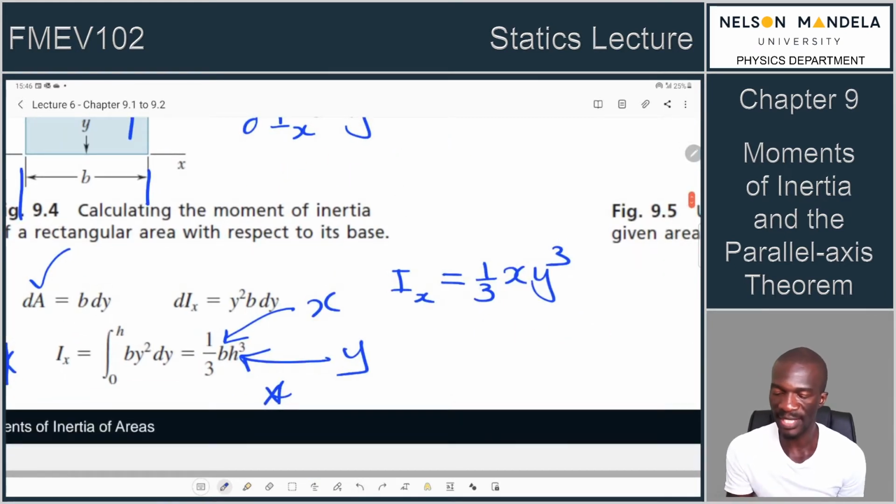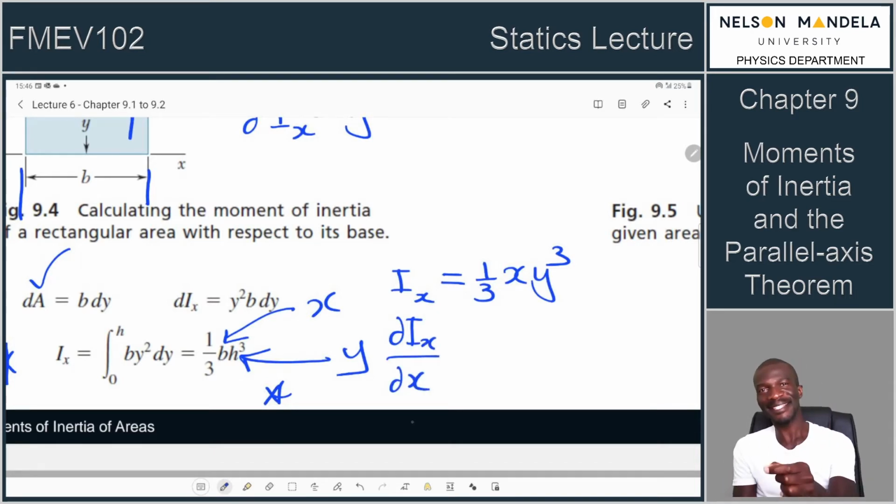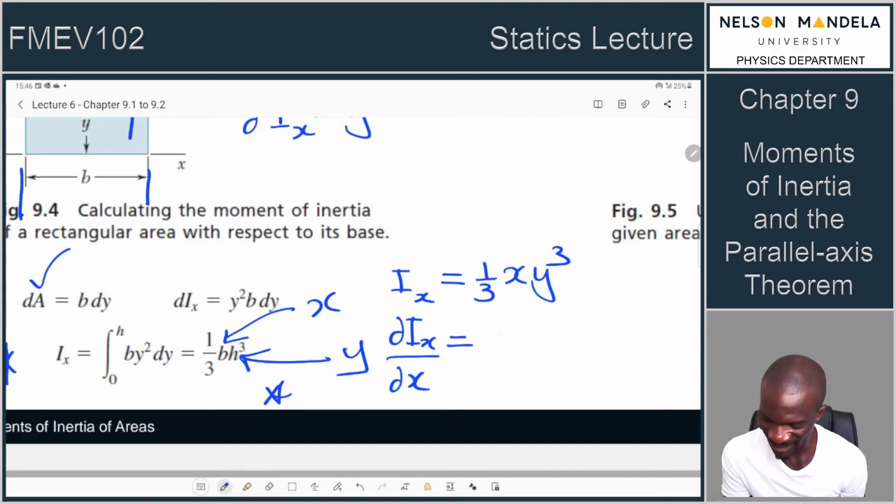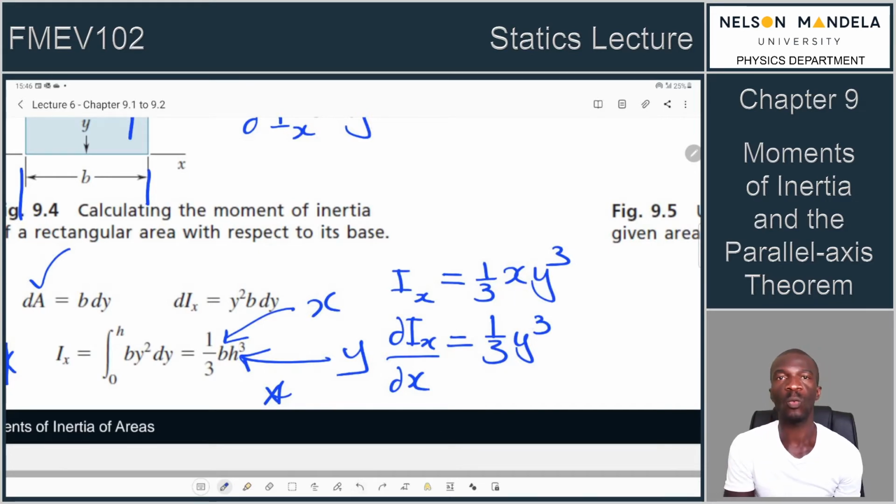So we need to differentiate this if we want a dI about the x-axis. So we will have dIx over dx being equal to a third of y cubed, and the first differential of x is just 1.